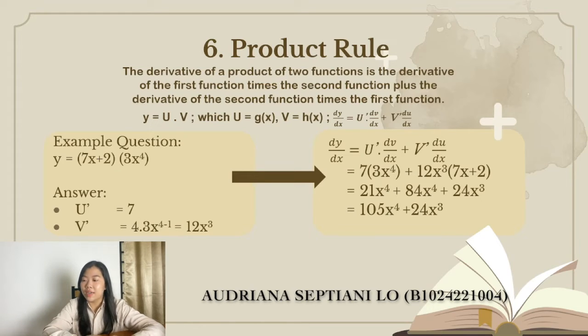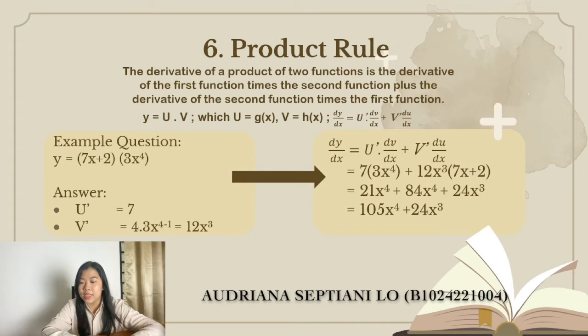Then we are going to answer the question. Dy per dx equals u multiplied by dv per dx plus v multiplied by du per dx. So it is 7 open bracket 3x to the power of 4 plus 12x to the power of 3 open bracket 6x plus 2.